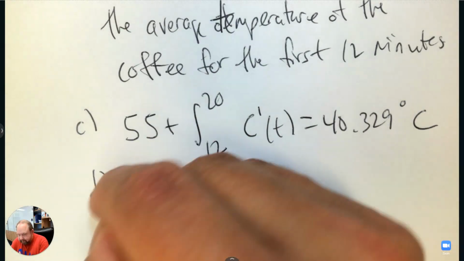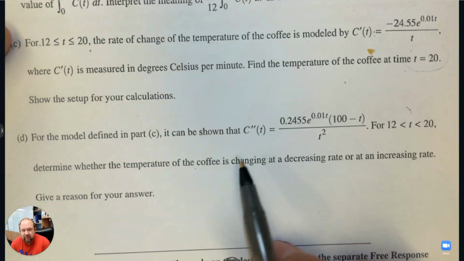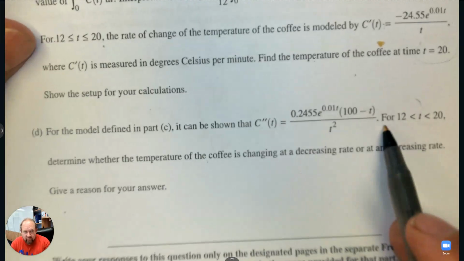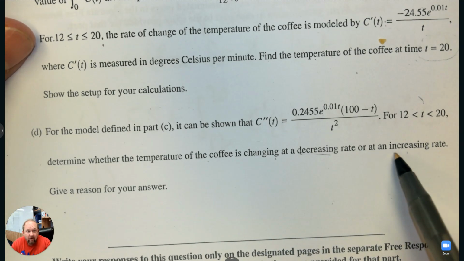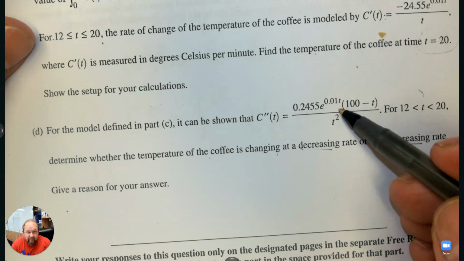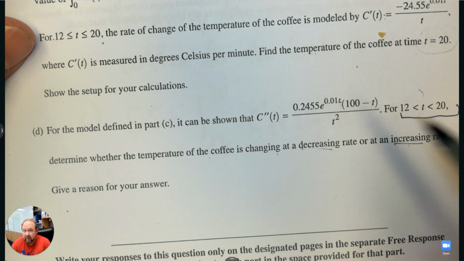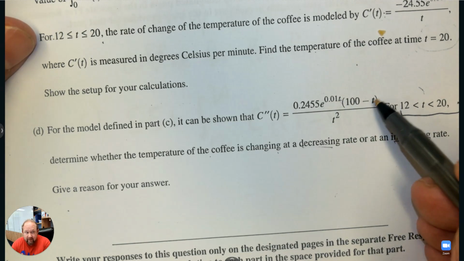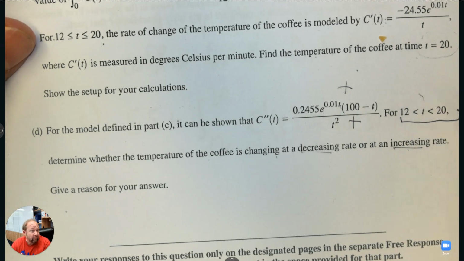D. In D it says there's a second derivative for 12 to 20, and determine whether the temperature of the coffee is changing, decreasing, or increasing. Now, what I recognize is if you plug in any number from 12 to 20, both the numerator and the denominator for all of those numbers are positive.